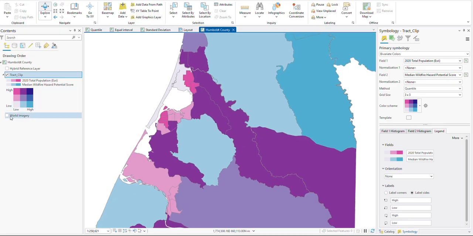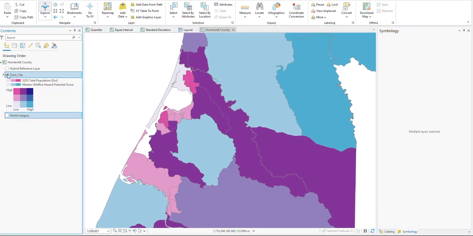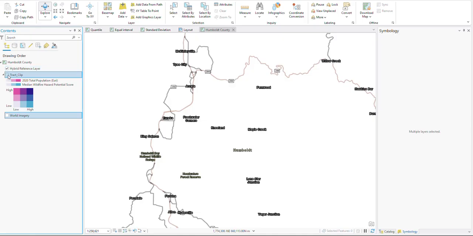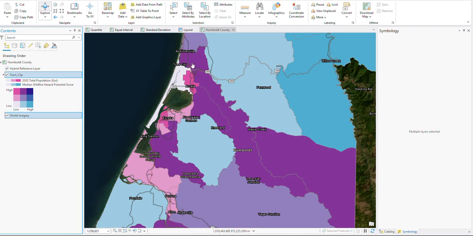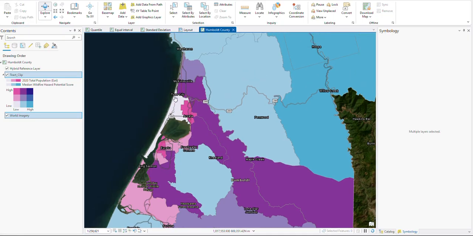And just to get a little bearing, let's look on this imagery. Let me see where this stuff is. Right, so we can see, right here's a spot that has medium population density, medium wildfire hazard potential.